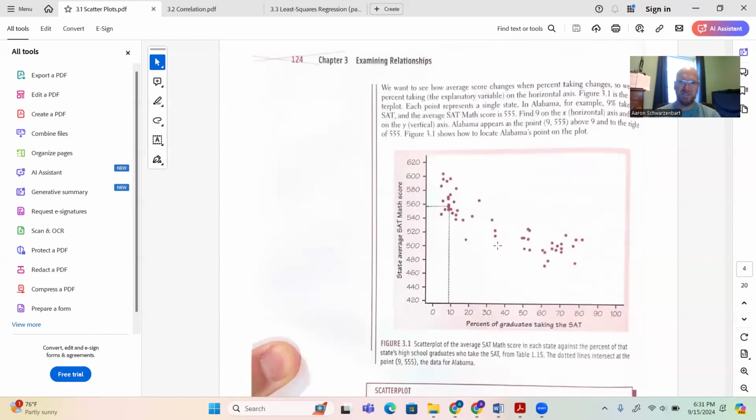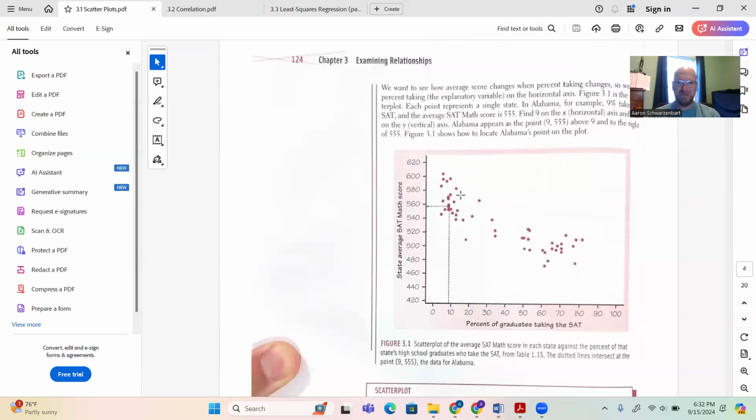Okay. This is a scatterplot of the percent of graduates or seniors taking the SAT. Okay. Percent of graduates taking the SAT versus state average SAT math scores. Okay. Notice the ones with less taking the SAT have higher averages.